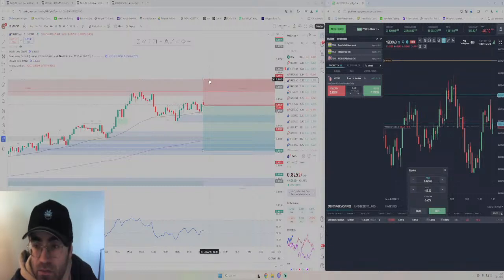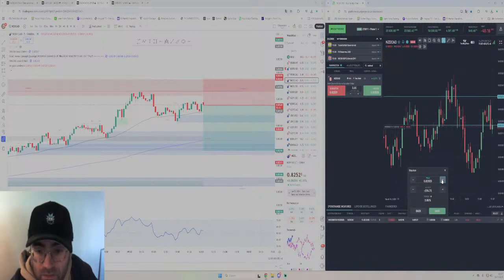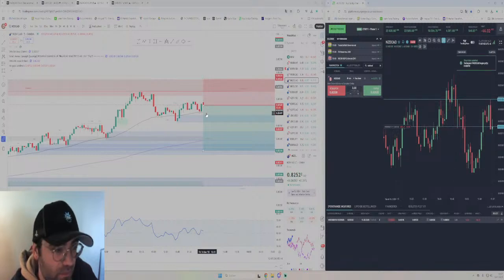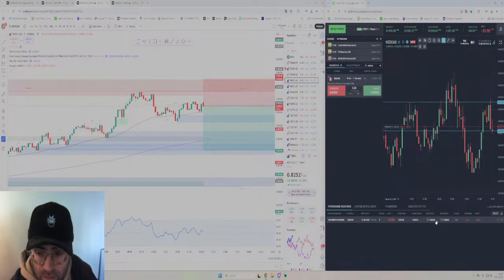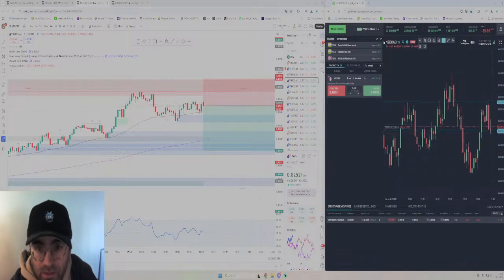I want to stop at 625. It's almost perfect because I risk like 1%, so that's good. I always hate these pairs like NZD/CAD. Look at the spread, it's crazy. I don't know if it's on every broker, but it's a pretty big spread.